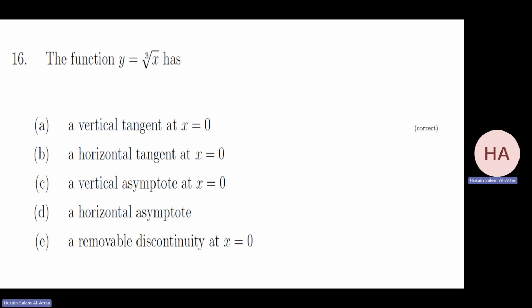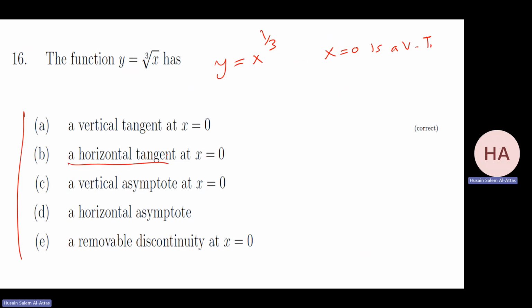This function, which we said millions of times, is x to the power 1/3. What will be y prime? This is the vertical tangent, x equals 0. Why? Because x equals 0 is a vertical tangent. He's talking about the vertical tangent.